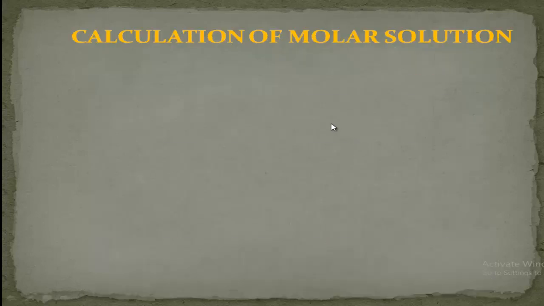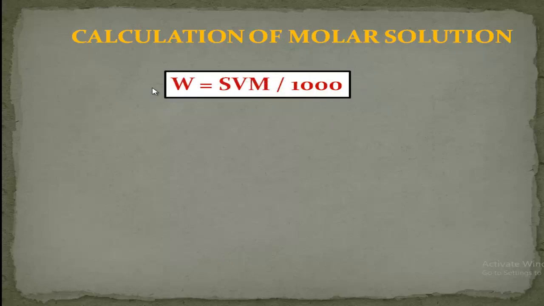Now we will learn about the calculation of molar solution, and for this we will use a formula, and that is W = SVM / 1000. This is a very important formula, and we have to remember it in the future also.